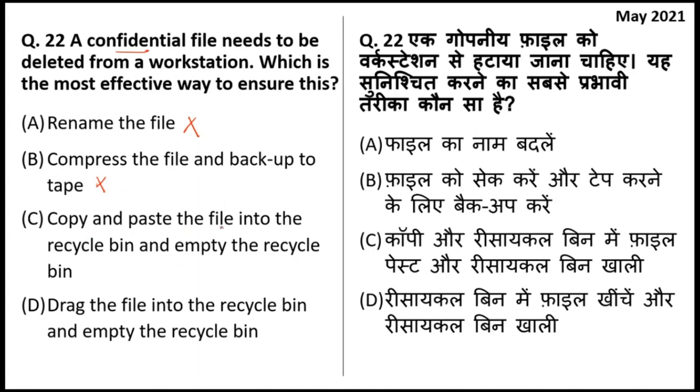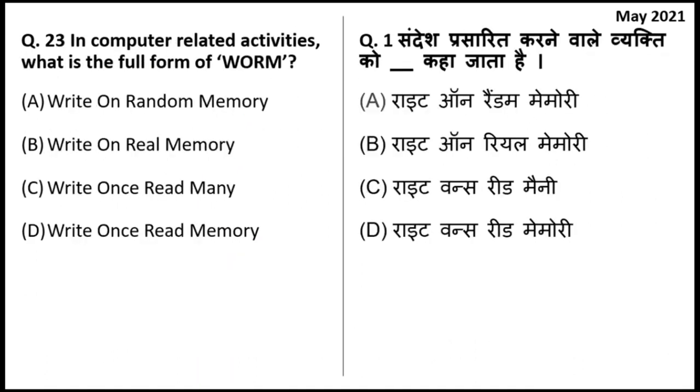Copy and paste the file into the recycle bin and empty the recycle bin? If you copy and paste it, the original file will already be present even if you empty the recycle bin. But if you drag the file into the recycle bin and then delete it, the file will be deleted permanently. So D is the most effective way, the best way, to delete a confidential file.